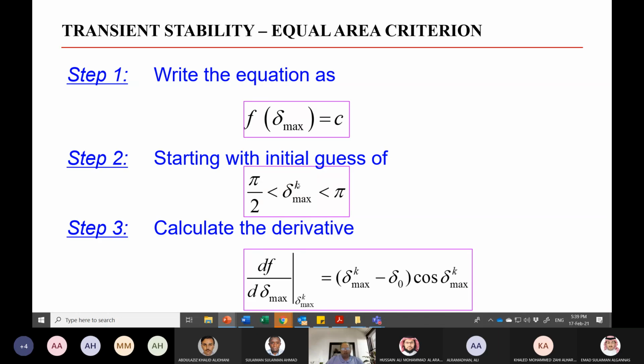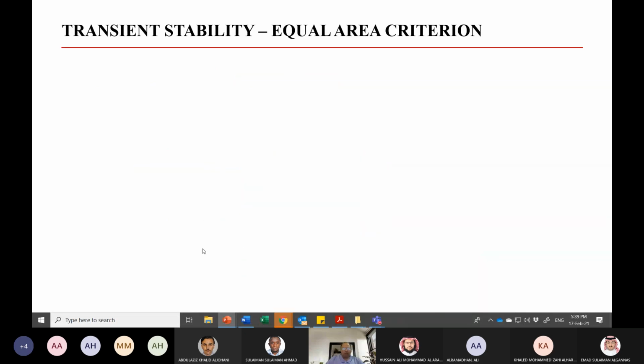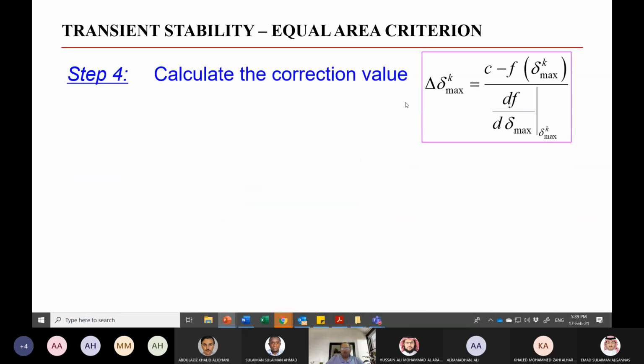We start the iteration counter k, with k equal to 0. This is the derivative, and you can calculate the correction value, which is c minus f calculated at delta max over the derivative calculated at delta max.